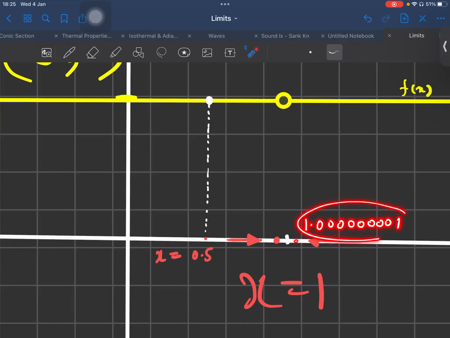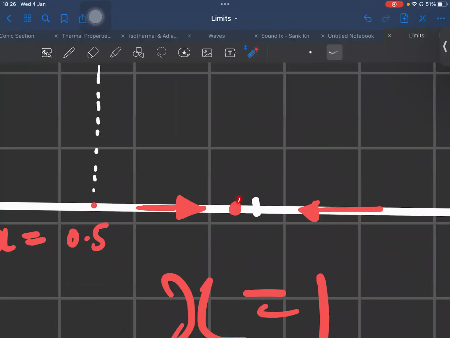But even at this point, the value of the function is 1. That means whether the function comes from this side or from here, the value is always 1. The function value closer to this point is the same on both sides, but at this point, the function is not defined.